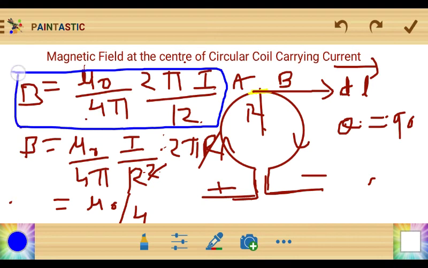So this is the result, the magnetic field strength at the center of the circular coil.